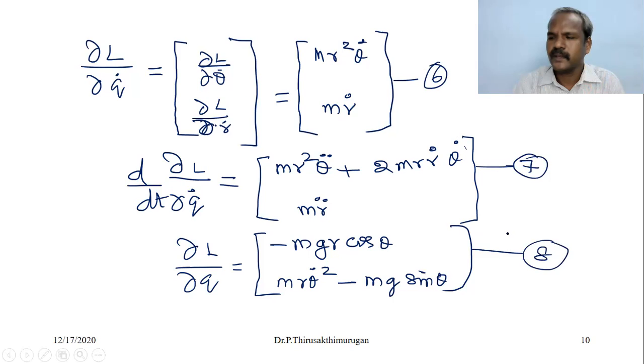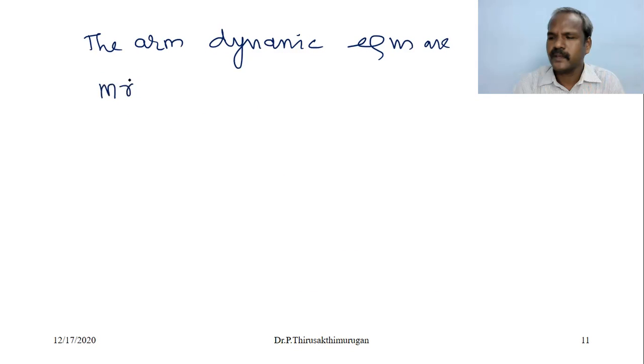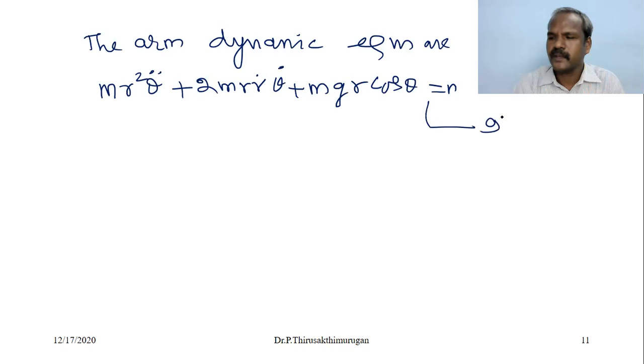So the arm dynamic equations are: m r squared theta double dot plus 2 m r r dot theta dot plus m g r cos theta equals N. So this is equation number 9.